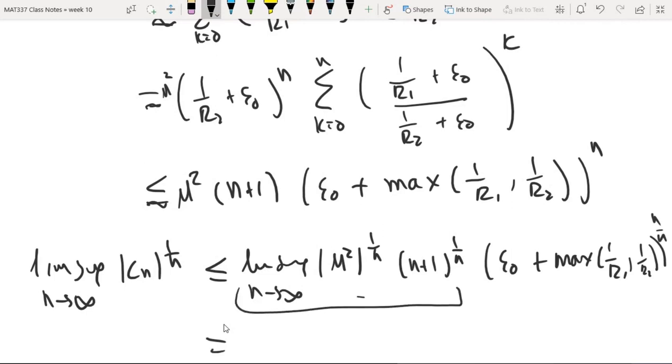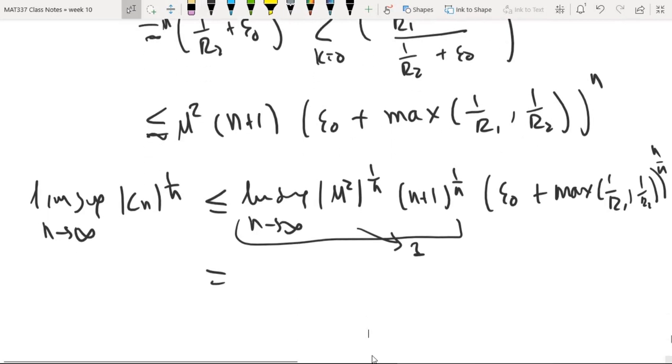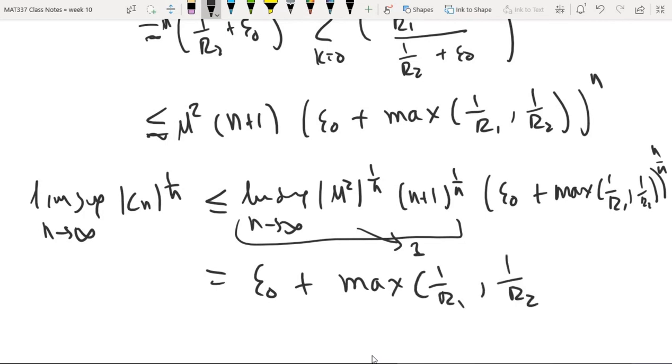These guys go to 1. And you're left with epsilon naught plus the max of 1 over R1 and 1 over R2. Okay, so we're done for today then.